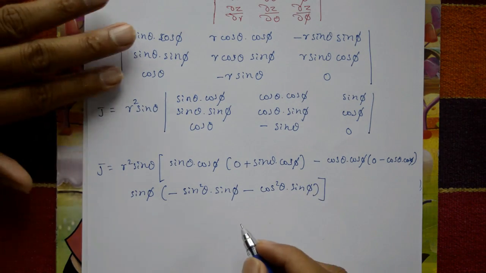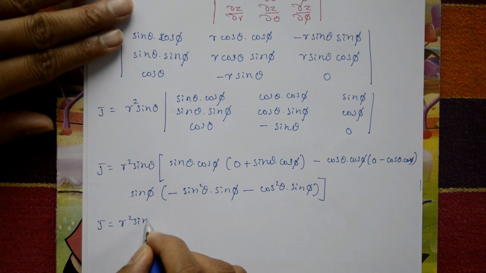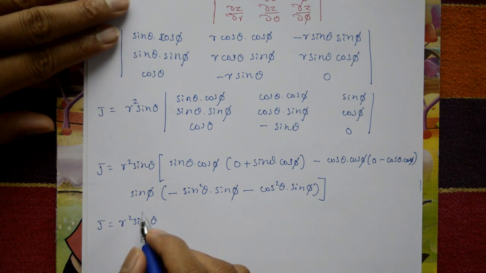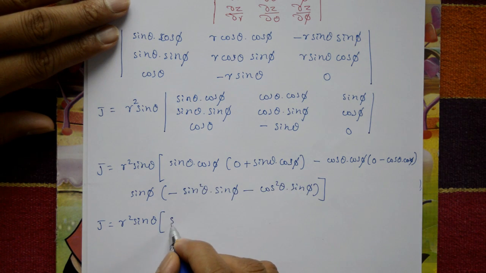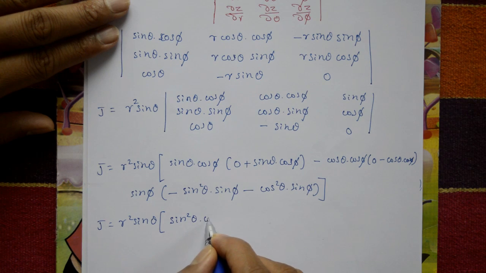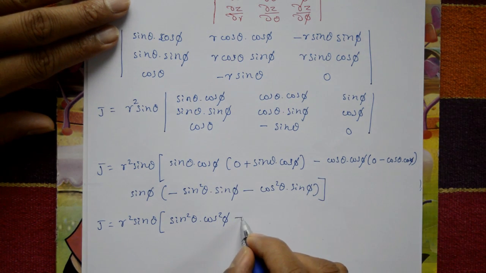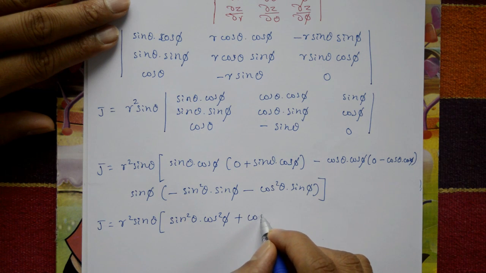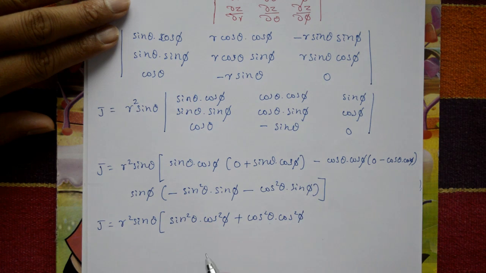Okay. Now J is equal to r square sin theta into, open the bracket, sin square theta cos square phi, then minus minus plus cos square theta cos square phi. Okay.